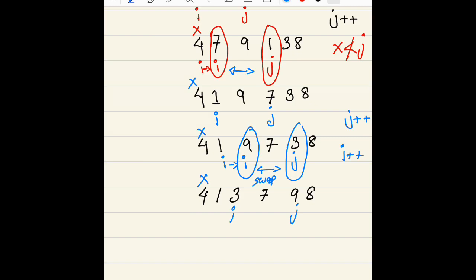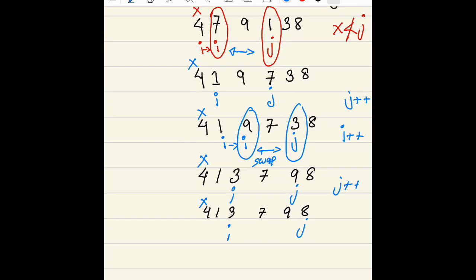Now we compare again. x is less than j, of course. Move on. j plus plus, so j would be 8 now. So we compare them again. x is of course less than j, so we increase j.